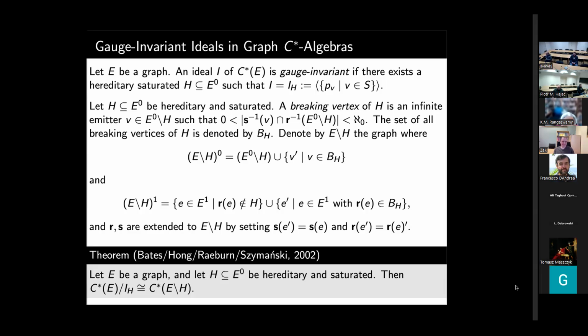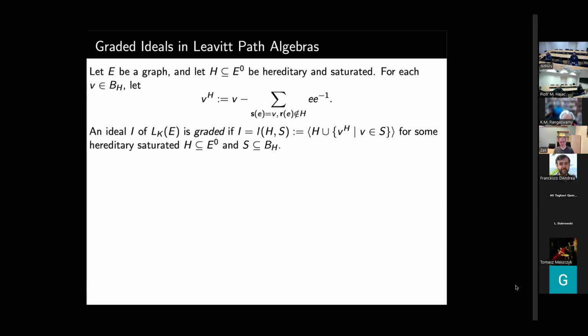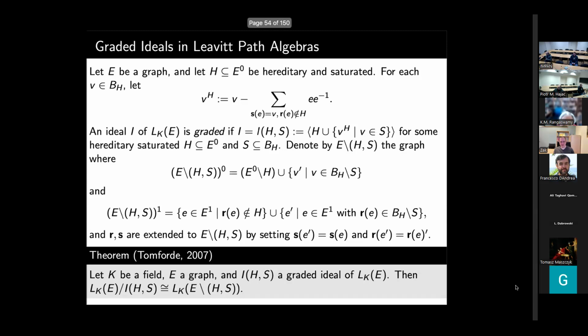And there is the same thing for Leavitt path algebras, except now the nice ideals are not gauge invariant, they're graded. Leavitt path algebras have this graded structure, which we don't need to go into, but the idea is roughly the same. These are the ideals generated by sets of vertices. Here you take a hereditary saturated set of vertices, you generate an ideal with that.